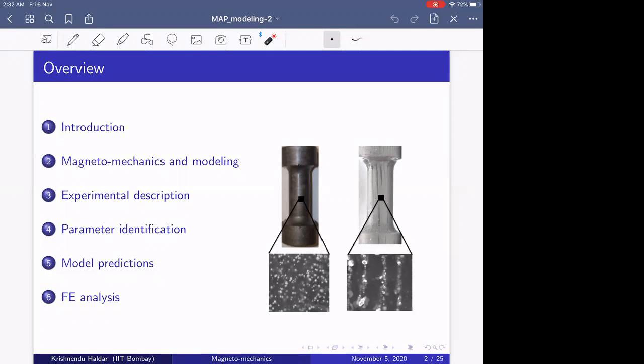Then some experimental description to characterize such polymer systems, and then I will also describe how to identify parameters and the challenges for magnetic materials in parameter identification. Finally, some model predictions, and I hope I will have some time, and then I will discuss the finite element analysis of magnetomechanics based on the developed constitutive response.